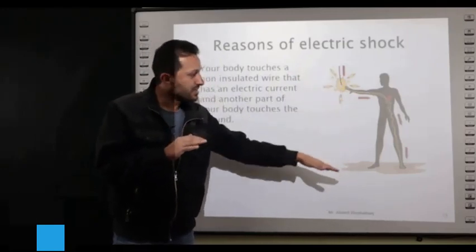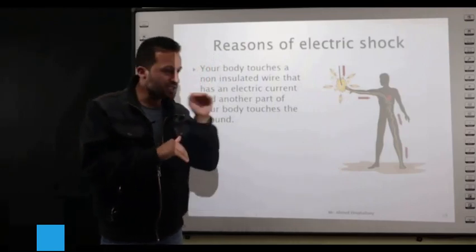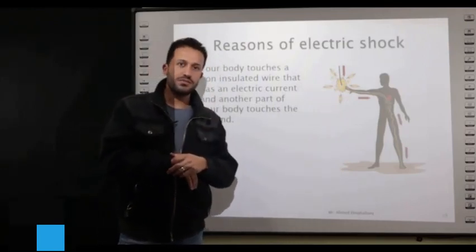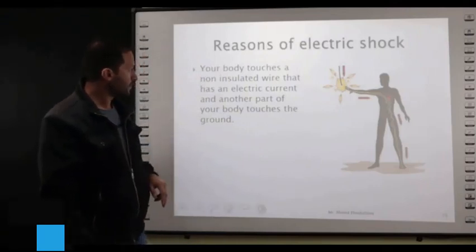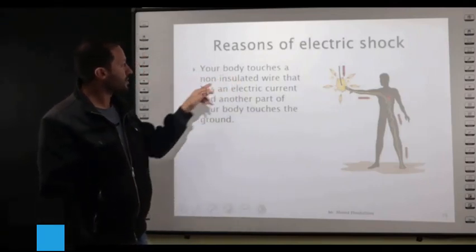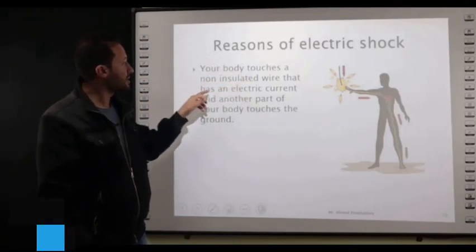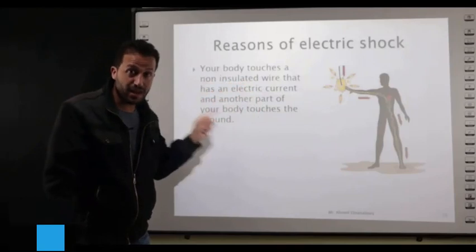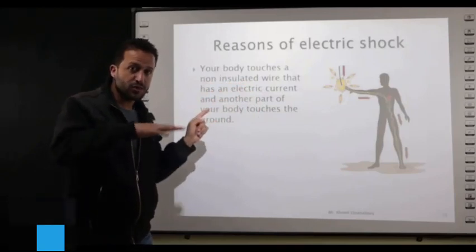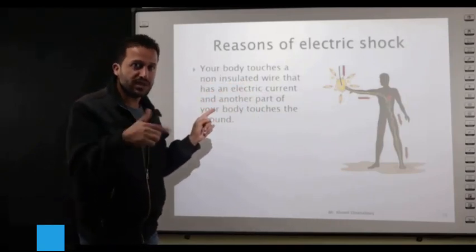So if there is some insulating material between you and the ground, there is no electric shock. So your body touches a non-insulated wire that has an electric current, and another part of your body touches the ground. There is no insulator between your body and the ground.